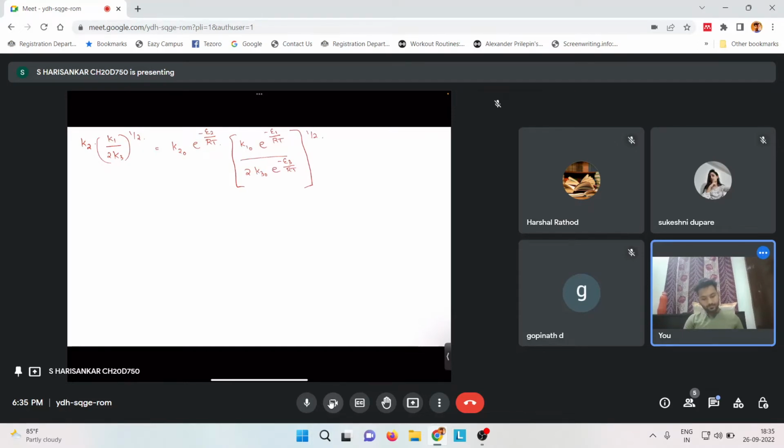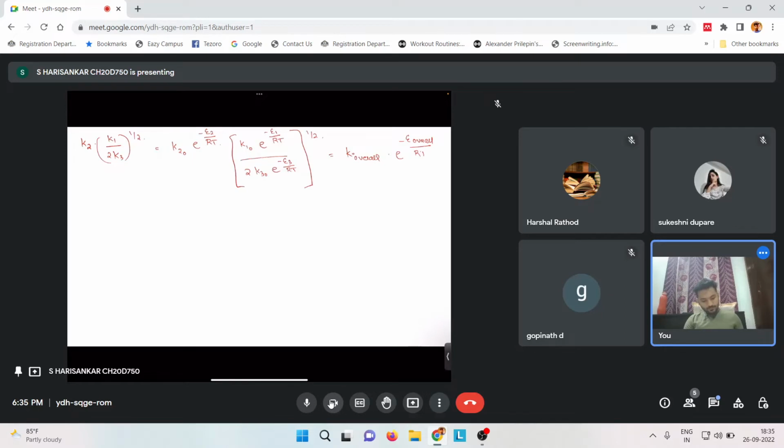So this is equal to K0 overall into e raised to minus E overall by RT, right? So now we can equate the exponential terms.